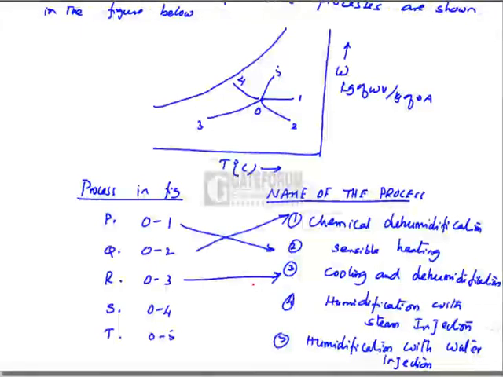Going with the 0 to 4, that is the adiabatic humidification, which can also be called as humidification with the water injection. Going with 0 to 5, that is process T, there the dBT is increasing, W is also increasing. It is humidification with the steam injection. So P matches with 2, Q matches with 1, R matches with 3, S matches with 5, and T matches with 4. That is the answer.